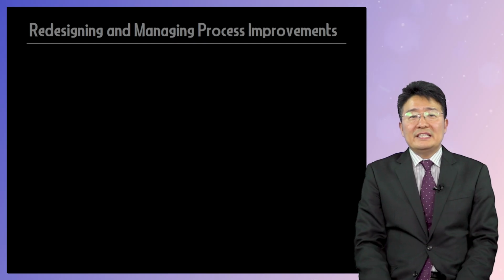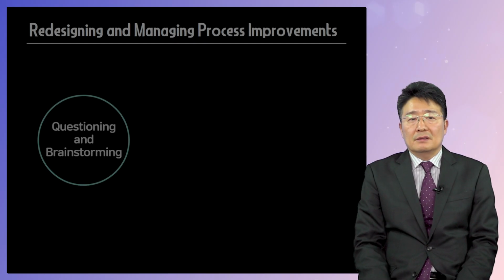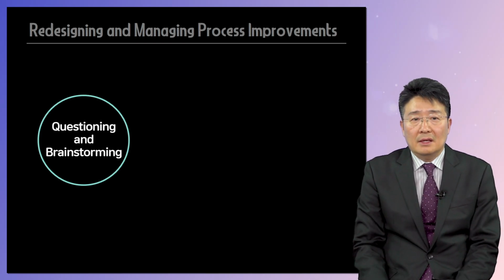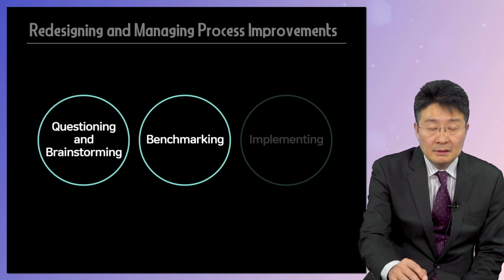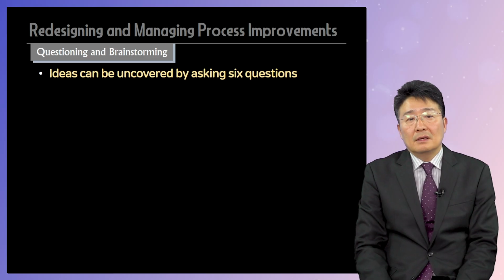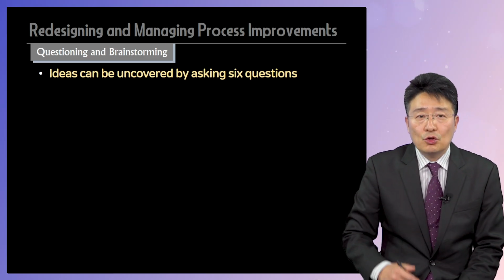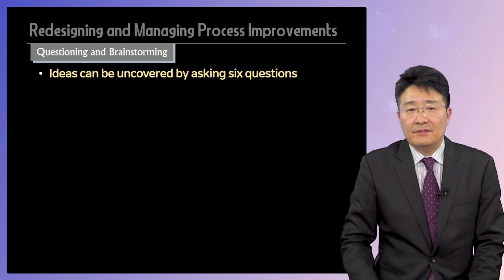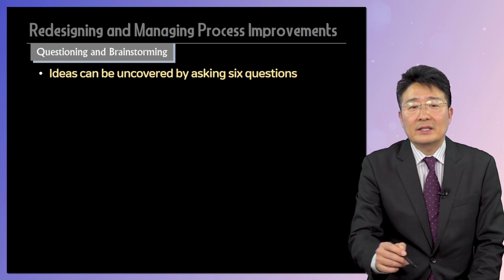Let's talk about redesigning and managing process improvements, questioning and brainstorming, and benchmarking and implementing. In questioning and brainstorming, ideas can be uncovered by asking 6 questions.